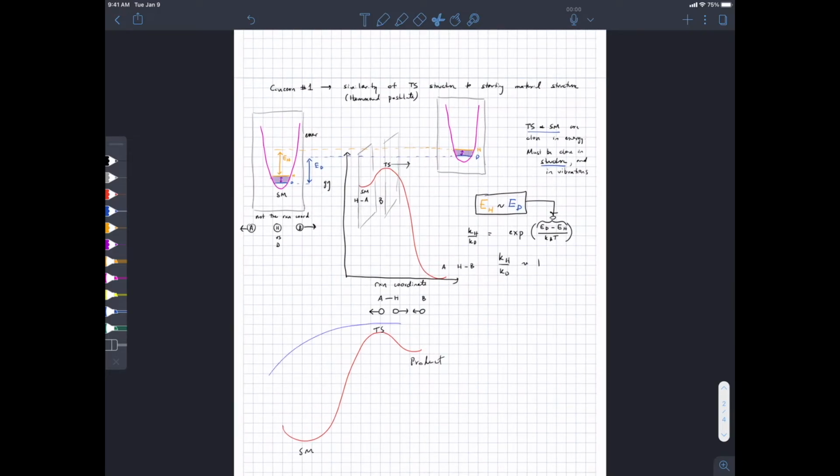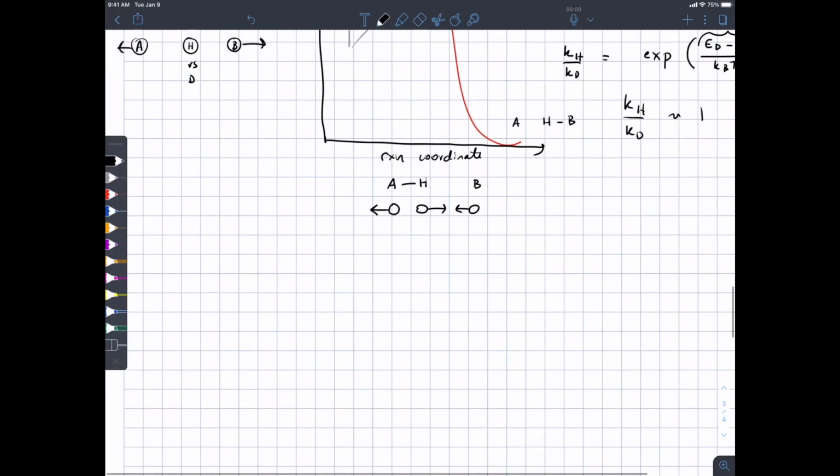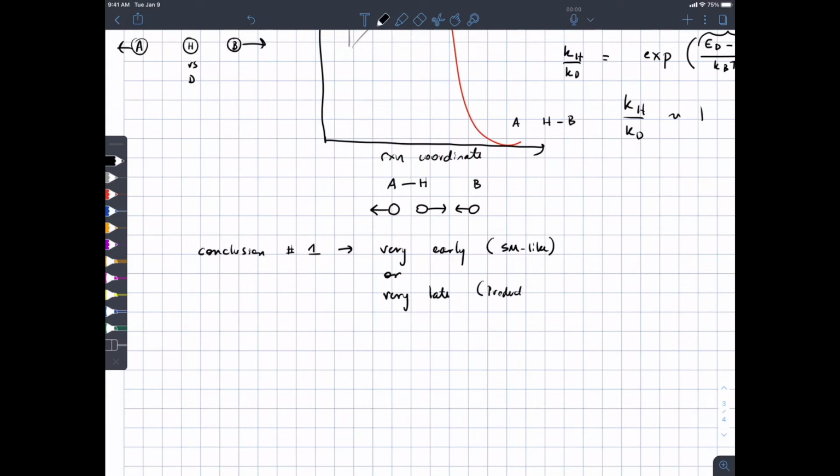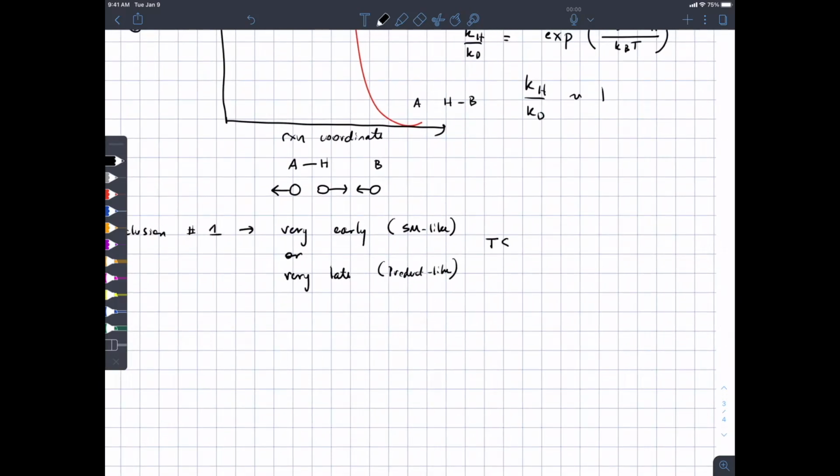So the principle you can extract from this, conclusion number 1, is that very early transition states, meaning starting material like, or very late transition states, meaning very product like, have small kinetic isotope effects, if any.